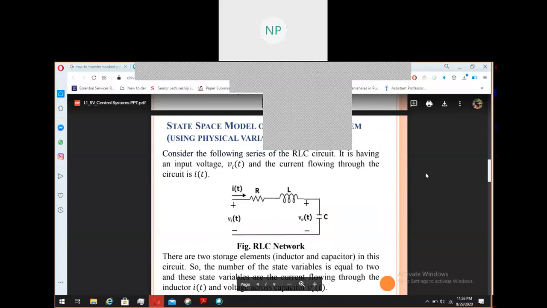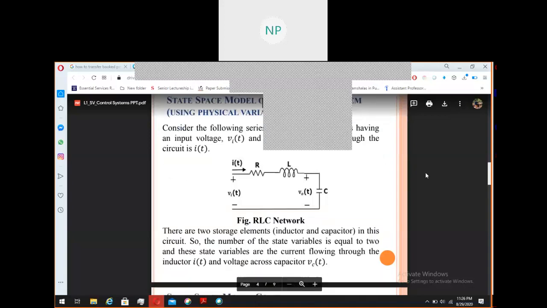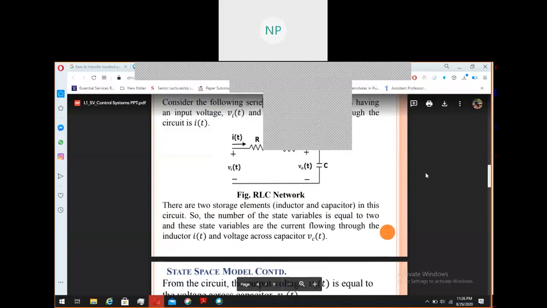In this network, Vi is the input voltage and V0 is the output voltage. The current flowing through this circuit is indicated by i, and t means it is changing with time. Depending on the input, the output will change. Here two elements are storing elements, inductor and capacitor, so we can define two state variables.